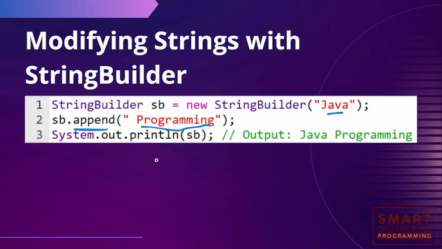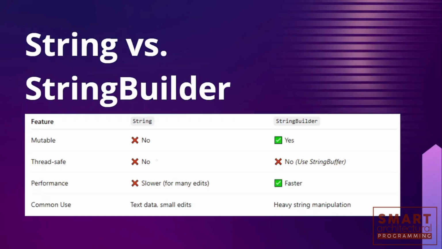So what is the difference between String and StringBuilder? Let's do a quick analysis here. Is StringBuilder mutable? Yes, it is. StringBuilder is mutable, but strings are not. At the same time, is StringBuilder thread safe? No, but it can become thread safe if you use something called StringBuffer, but otherwise it's a no here.